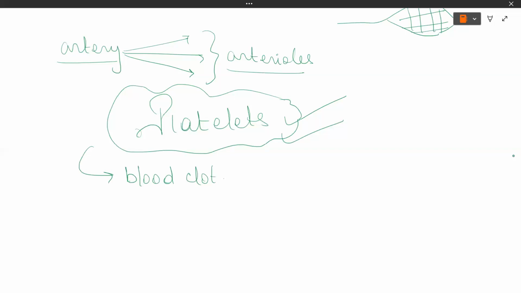Ma'am, I think in sixth grade we learned that there is a vitamin which increases the number of platelets in your body. Like vitamin K, I guess. I'm not sure, but yes, there are many vitamins that are responsible for the increase in the platelets.